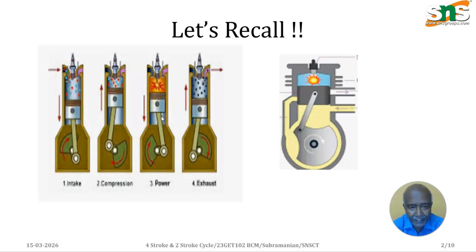And finally, the fourth half revolution is the exhaust stroke, where the piston moves from the BDC to TDC, and the burned gas inside the cylinder escapes through the exhaust.